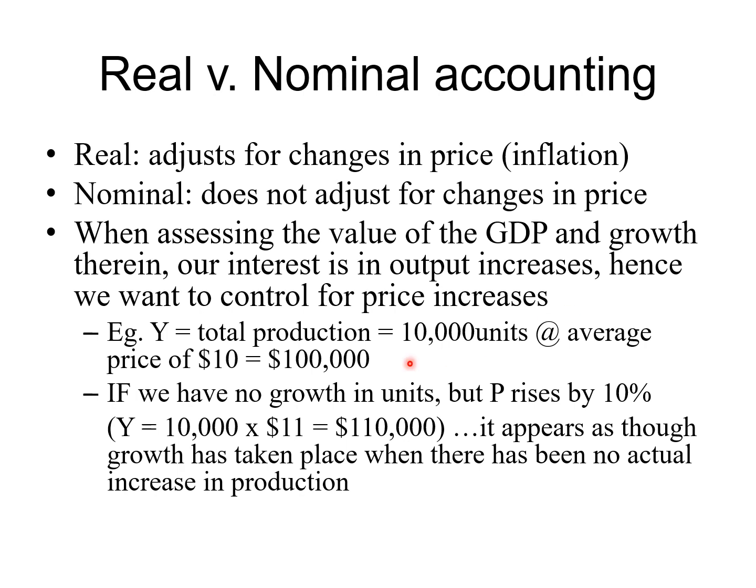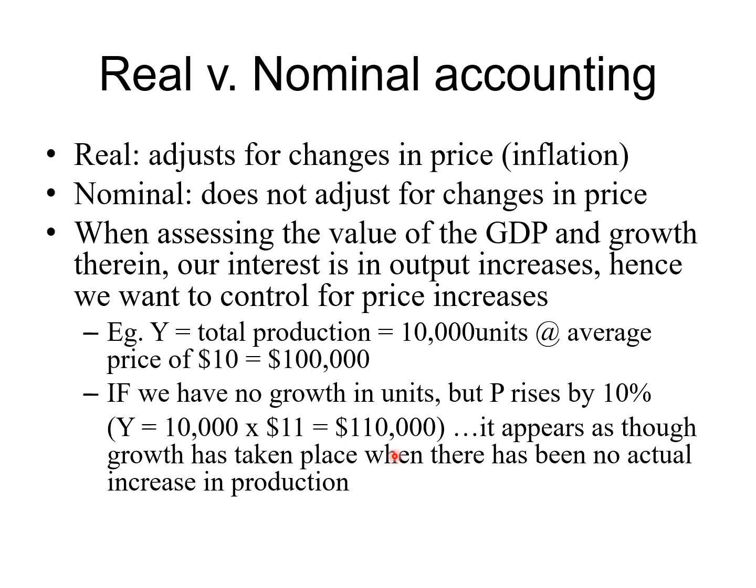So for example, if our total production is 10,000 units and the average price is $10, that's a gross domestic product of $100,000. If we have no growth in the production of units, so it's still 10,000, but prices rise by 10%, that means you'll have your 10,000 units multiplied by your $11 price, and you'll have a gross domestic product of 110,000.